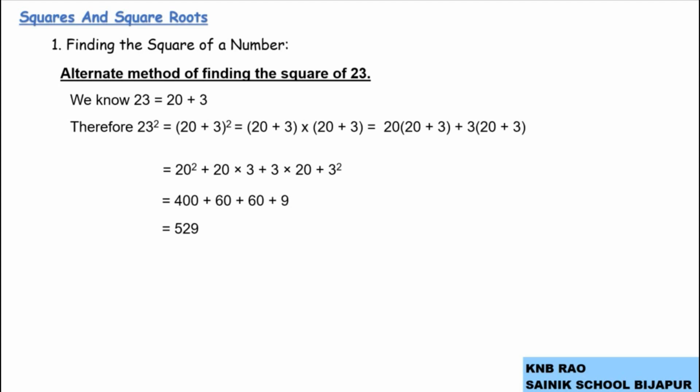This is one of the alternate methods: writing 23 as 20 plus 3, and to find 23 square, finding 20 plus 3 whole square.